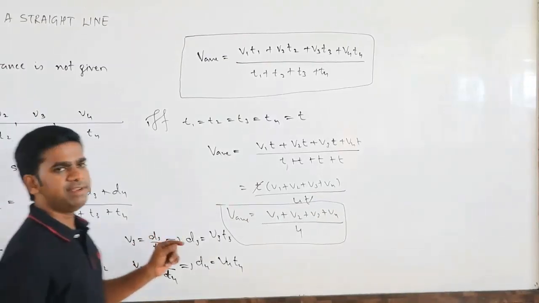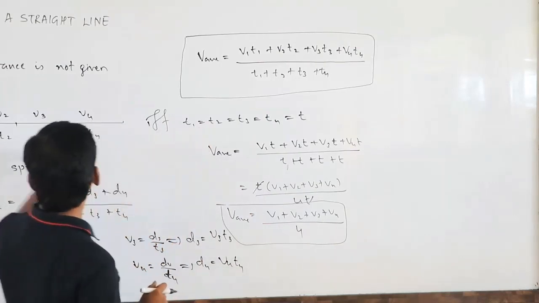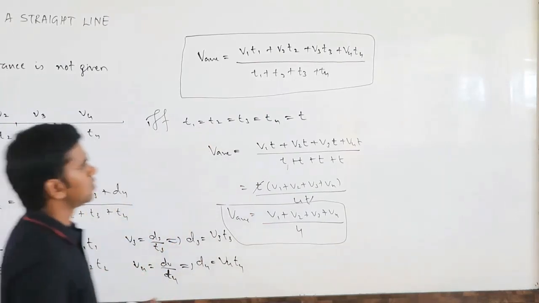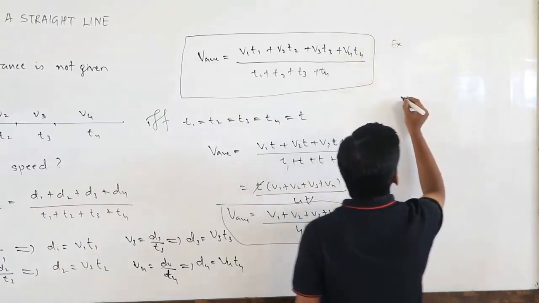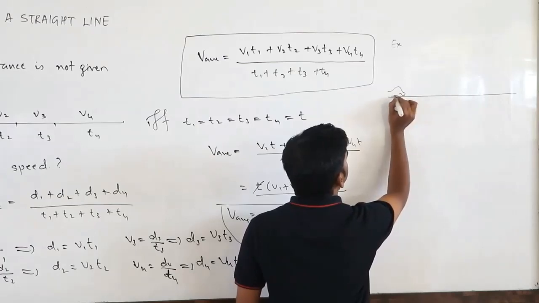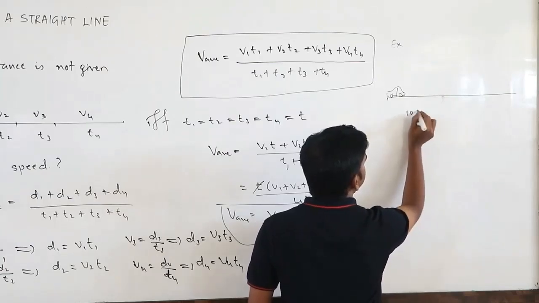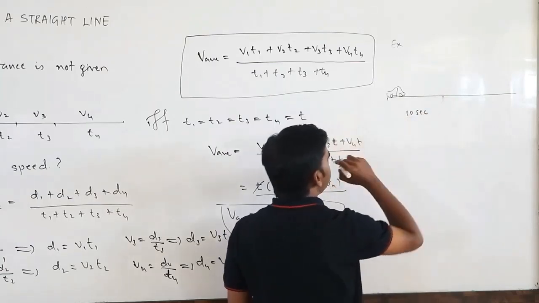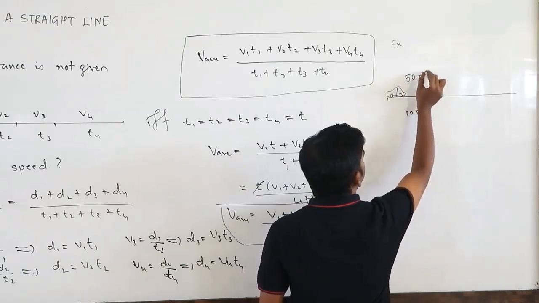Now let me take an example where the velocity and times are given. Suppose a vehicle is moving for the initial 10 seconds with a velocity of 50 meter per second.